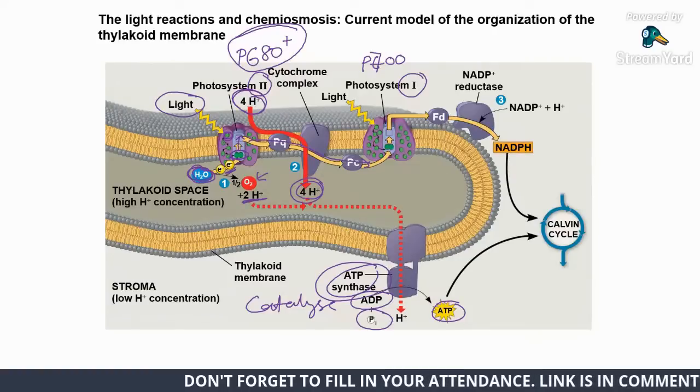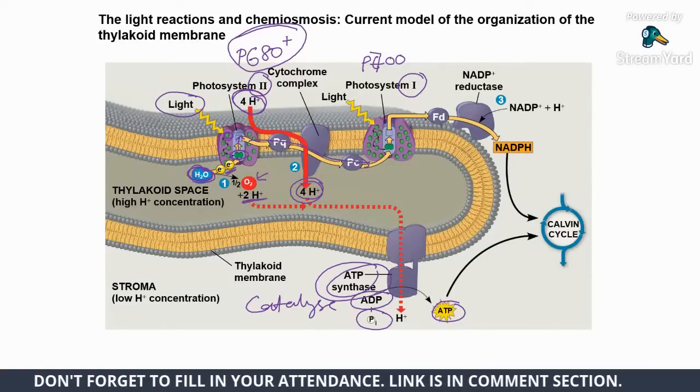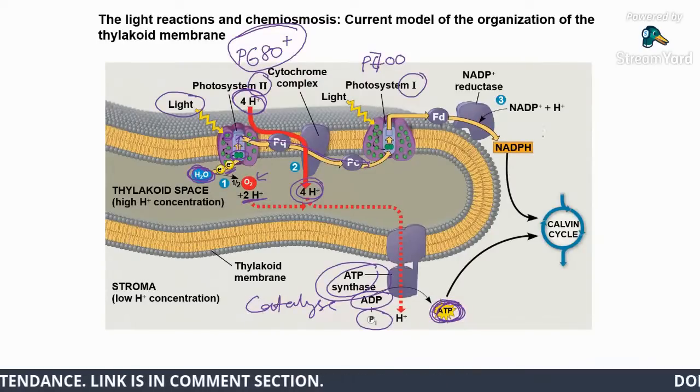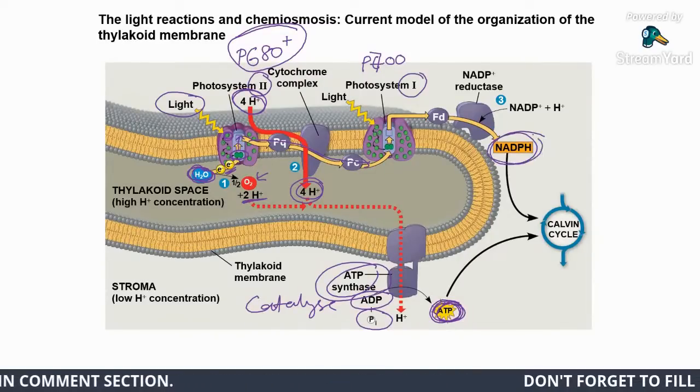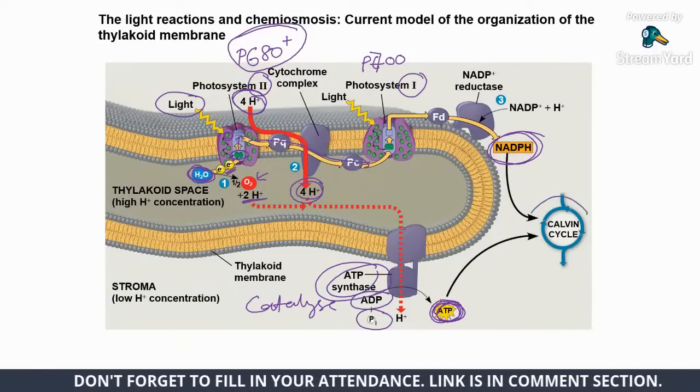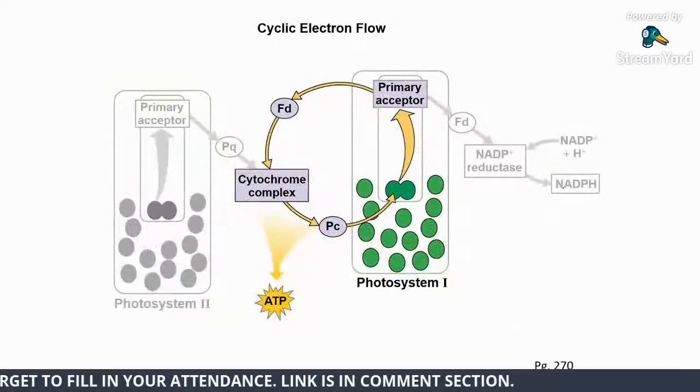Right? Like that. So linear electron flow will produce ATP via chemiosmosis and also produce NADPH. Okay? So these two things, ATP and NADPH, will be used by the Calvin cycle, right?